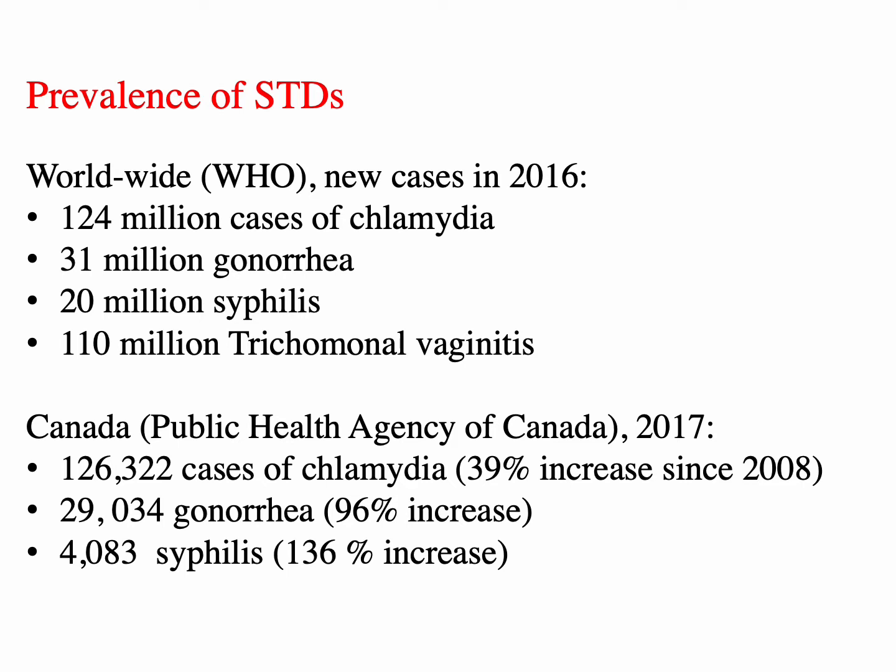The other 2 have also seen an increase in the number of cases. So the bottom line is that these diseases are not going away. In fact, they are on the rise.